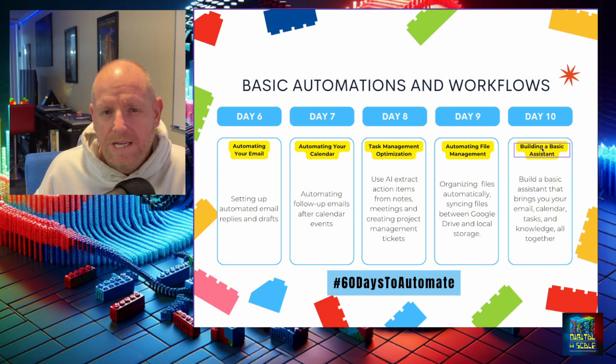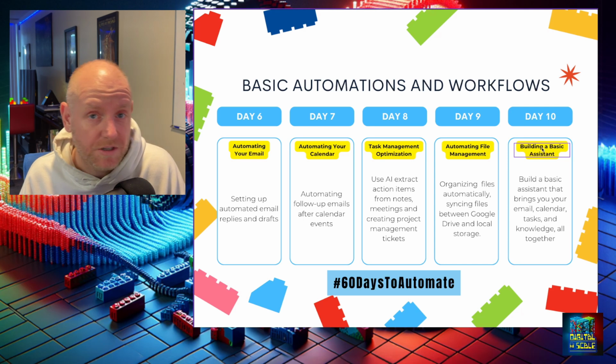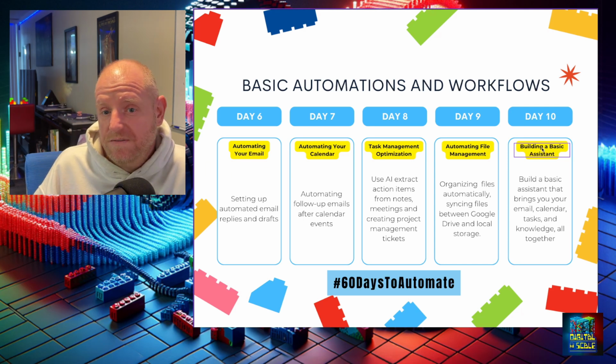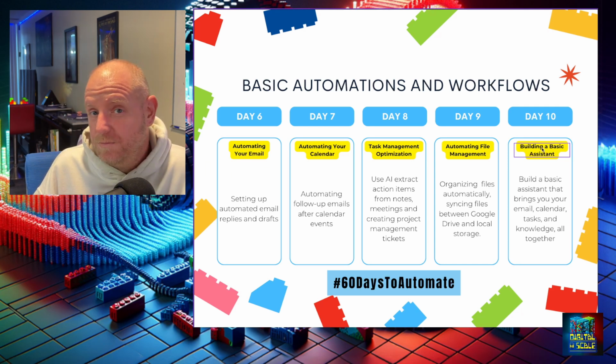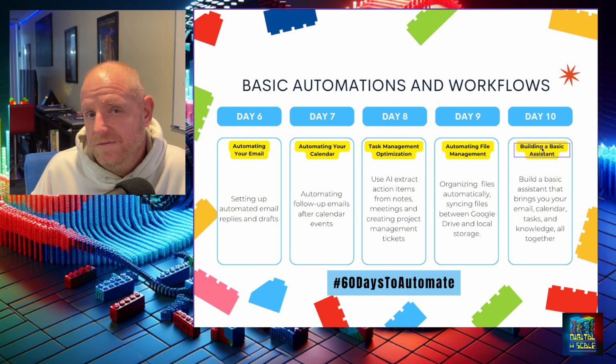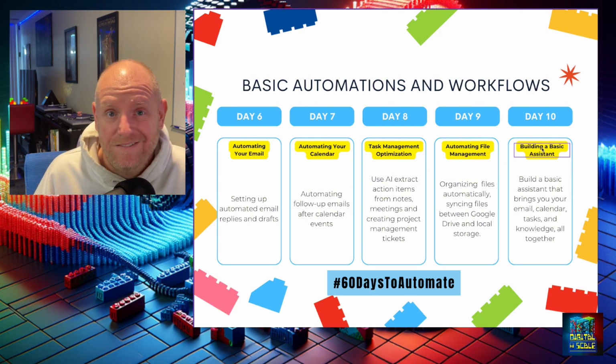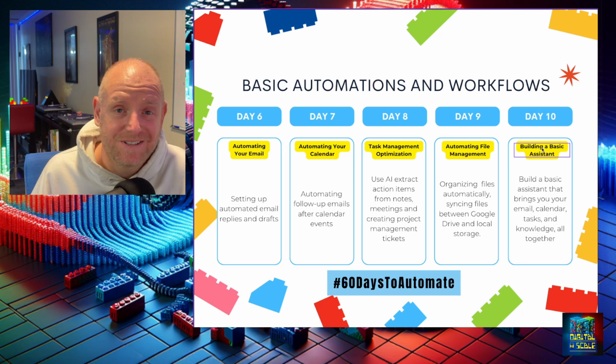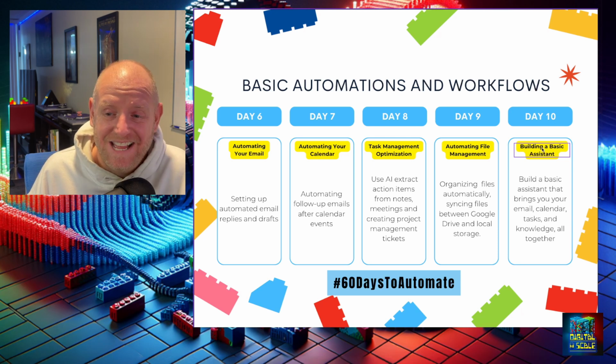So how can we get that information in there as well, so that you have a basic assistant that can summarize your daily emails, let you know what your calendar looks like, put events on your calendar with specific items, help you create to-do lists, and help you organize all of your files. And that's just after the end of week 1 or 2. So after that, we'd have 50 more days to go.